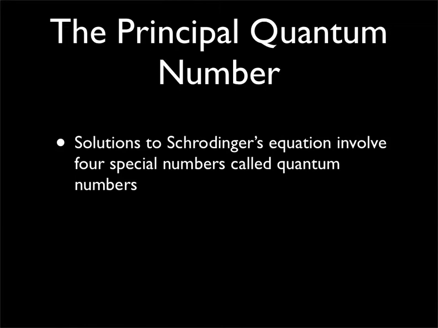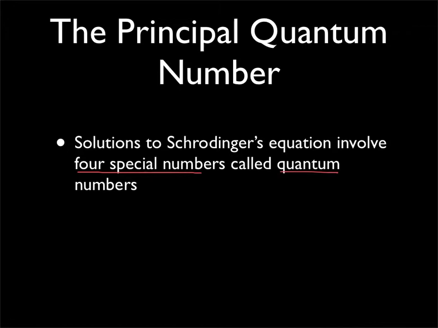And when you figure out where these electrons are, if you solve Schrodinger's equations, you come up with 4 special numbers, which we call quantum numbers. We're not going to sit and solve those equations. In this particular chapter, we don't have any equations that we're really going to use.